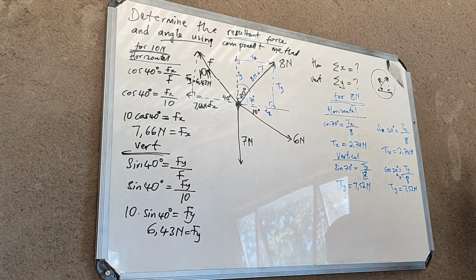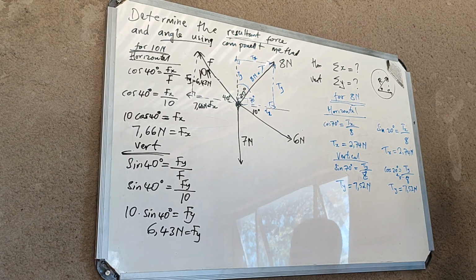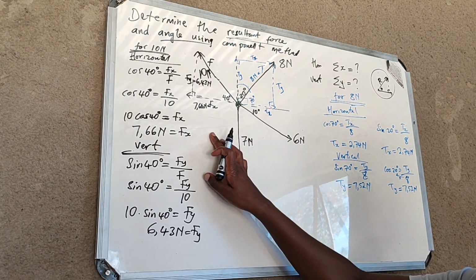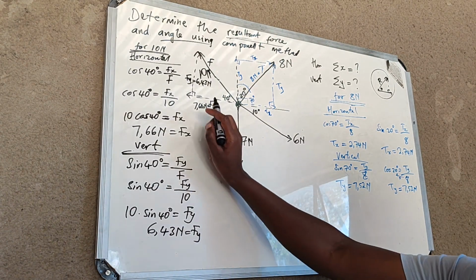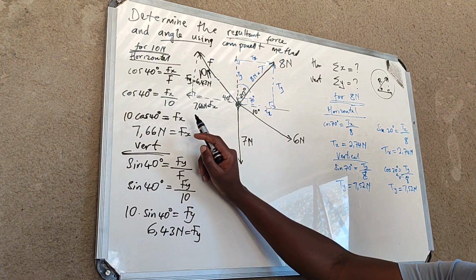Oh, I'm forgetting to write the directions, because we still need them. Sorry, because when you need the other part you need the direction. Because you just know that it is this number but not its direction. So this one, let's start here. We said the horizontal component is going where?